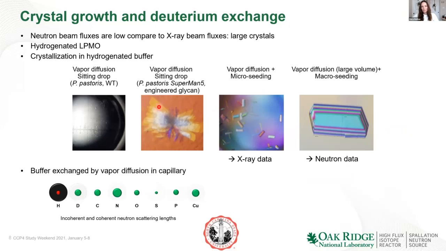In this case, we have these plates, which are not large volume, not very good looking crystals, but they diffract X-rays to 1.2 angstrom resolution, meaning that the order is there. If you have crystals like this that diffract to high resolution, with a little bit of effort at the bench, using techniques like micro-seeding and macro-seeding, I'm confident that you will be able to grow crystals that are large enough for neutron diffraction. So well-ordered crystals are really key.